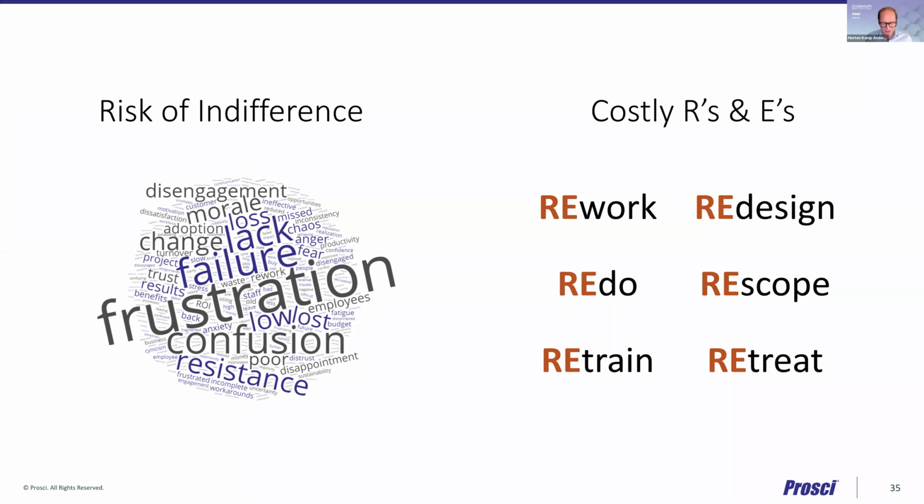So there is a risk of indifference, another ROI, if I'm not paying attention to both sides of the successful change coin. On the right-hand side, you see those two incredibly costly letters, R and E: rework, redesign, redo, rescope, retrain, retreat. These are all costs that we can avoid and mitigate by bringing adoption and usage to the table at the very beginning of the initiative. And that's the value of change management.